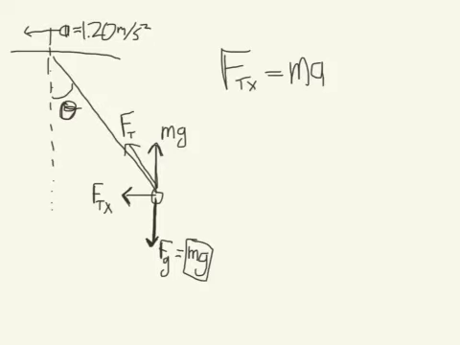Okay, let's review real quick and just go over again what we did, maybe in different words. So we decided that we had a force of tension, and we decided to decompose that vector into its x and y components. So instead of looking at a tension going diagonally, we're looking at two tensions, one going horizontally and one going vertically.